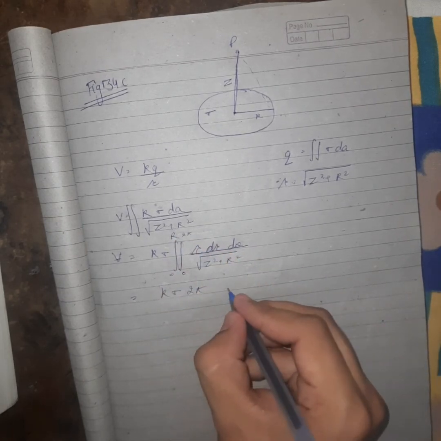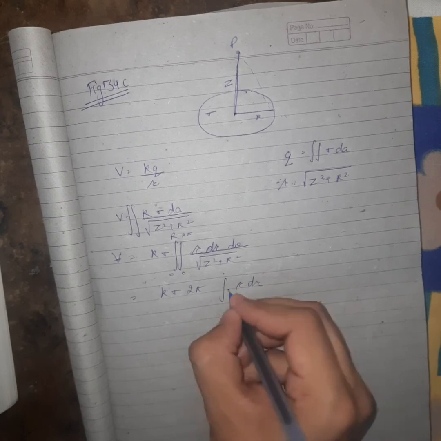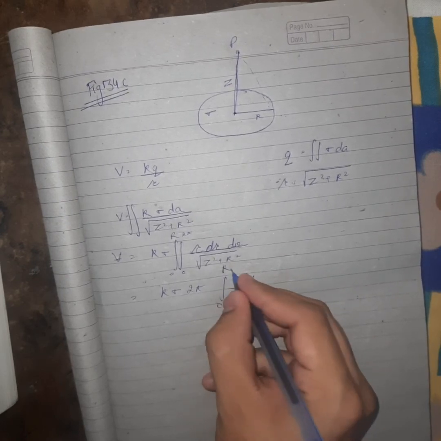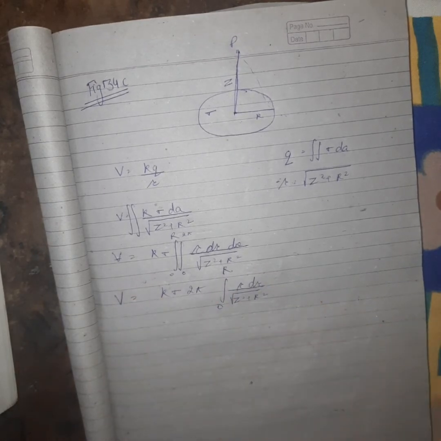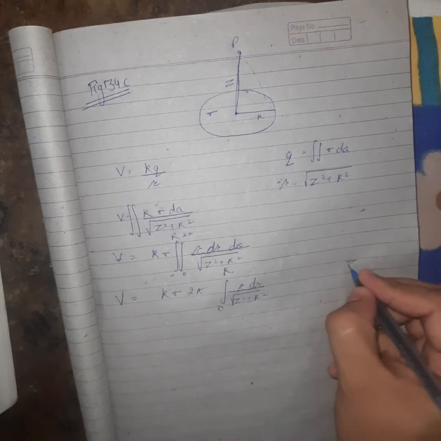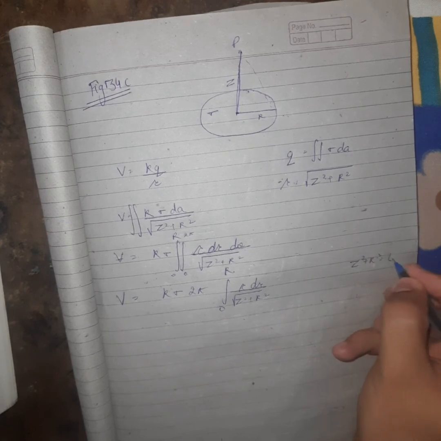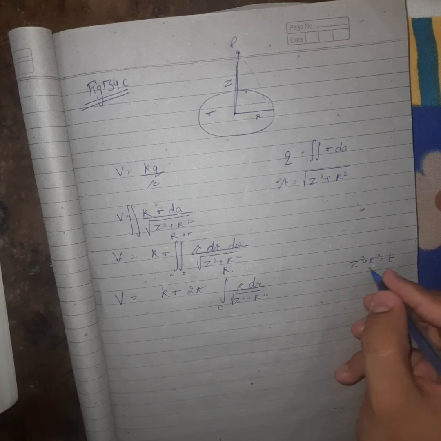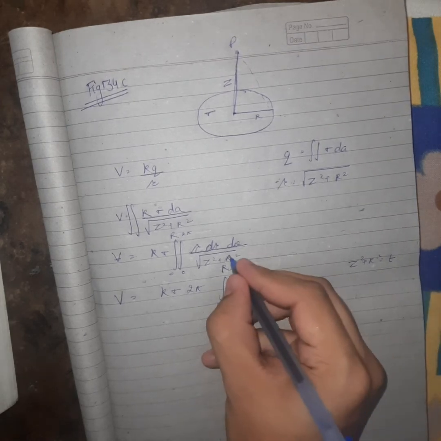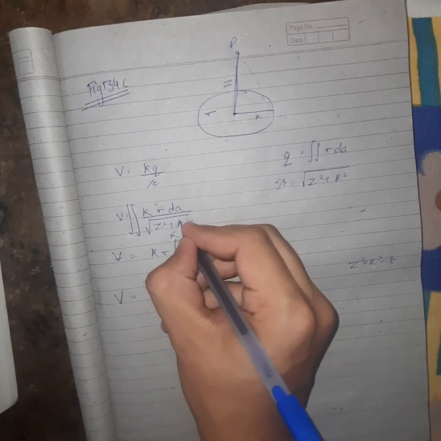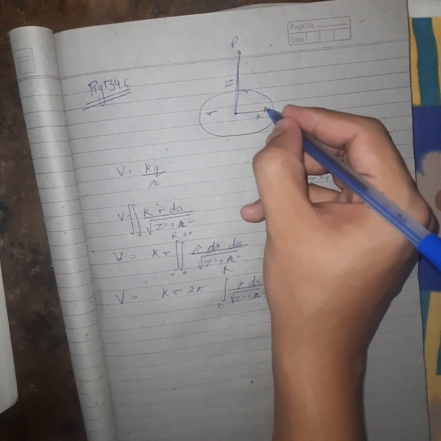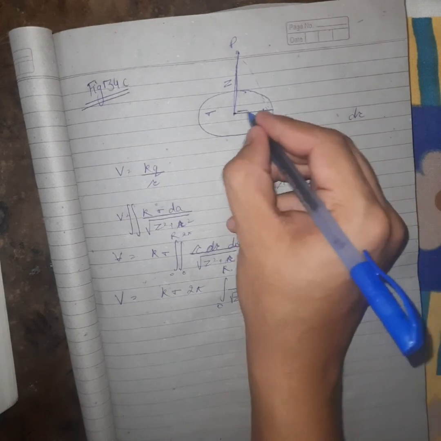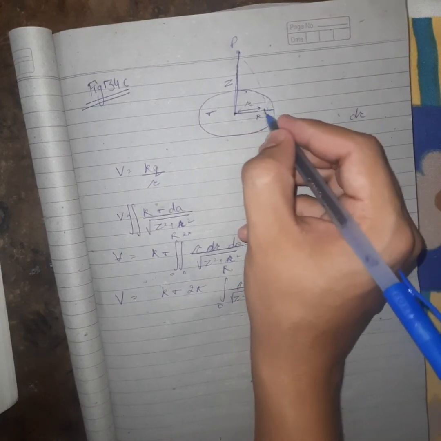So integration r dr upon under root z square plus r square, from 0 to r. Let us integrate it. Suppose z square plus r square is equal to t. This is small r, because we'll be considering a strip here of small thickness dr, which is r distance from the origin.